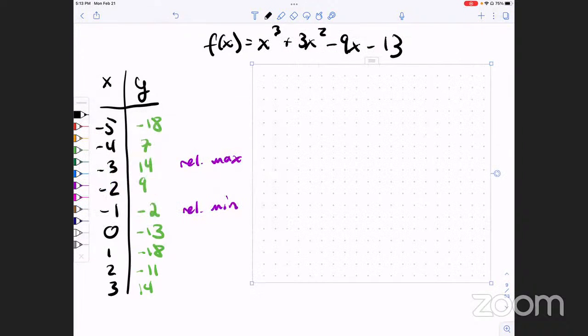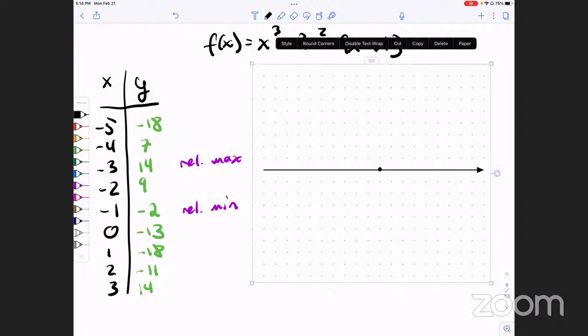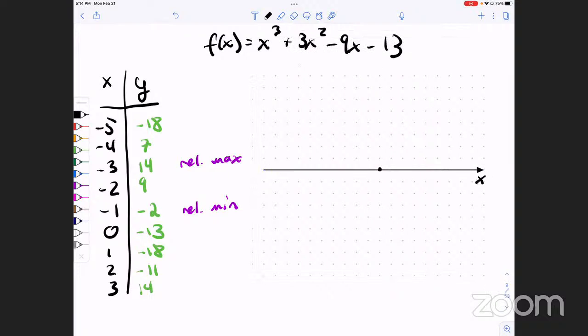Let's change it to this. So we'll let this be our origin. This will be our positive x direction. That's fine. This will be our positive y.